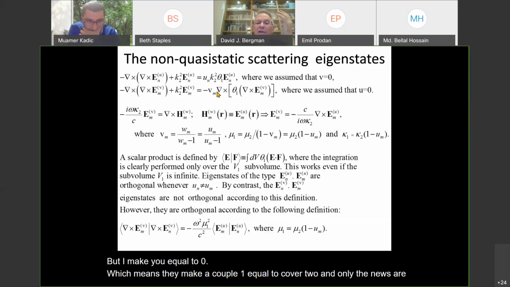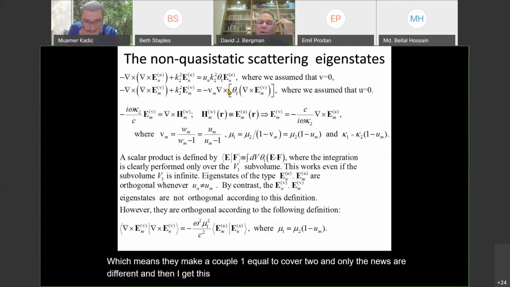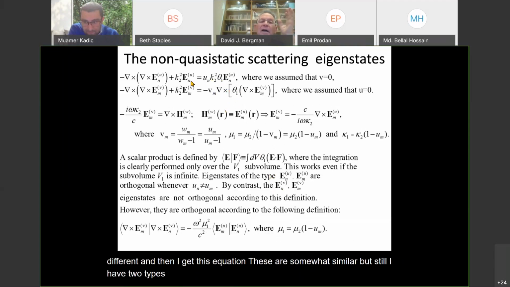Then I get this equation. These are somewhat simpler, but still I have two types of eigenstates. I call them E and U and E and V, and these are the eigenvalues.